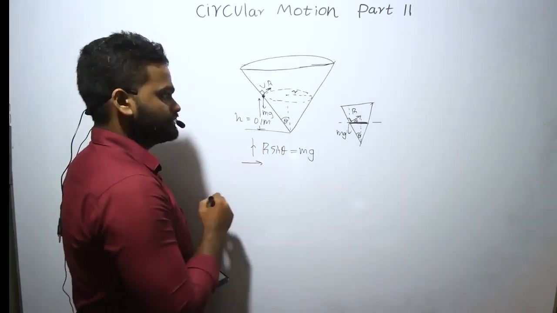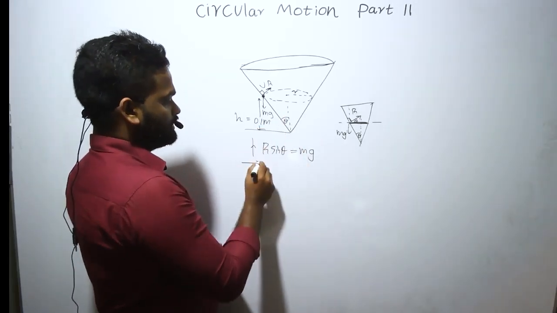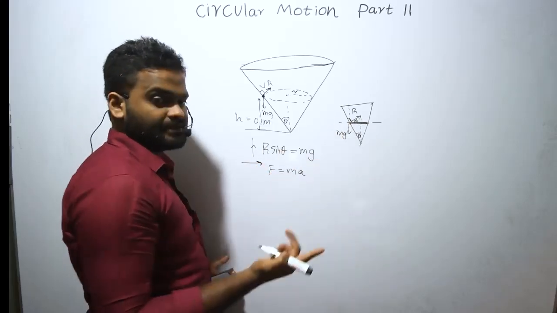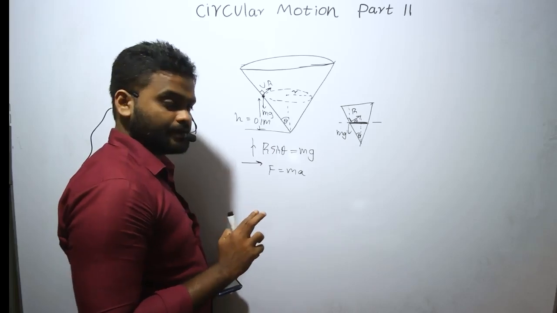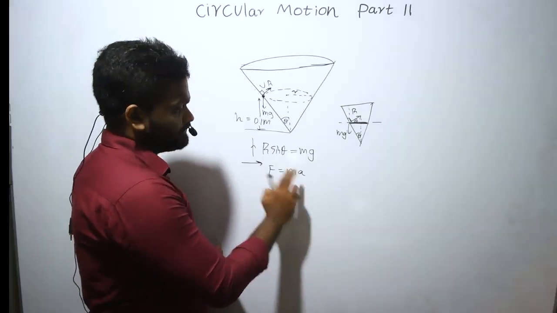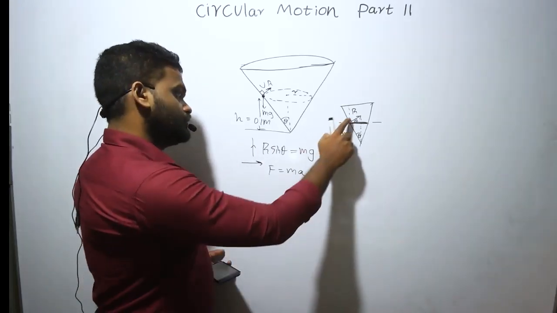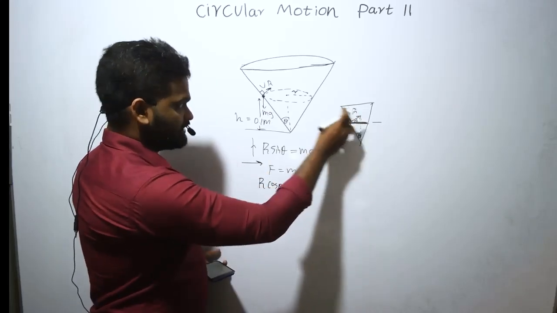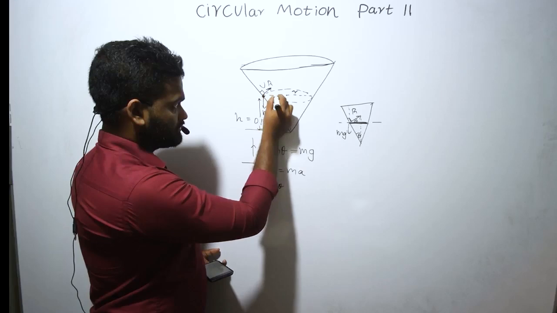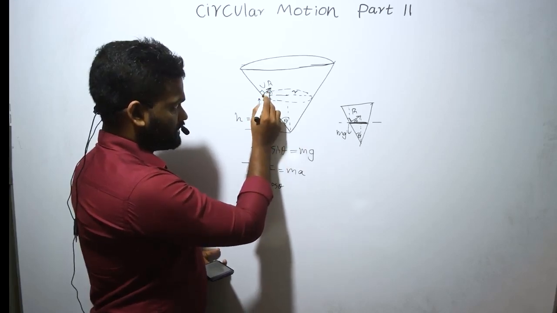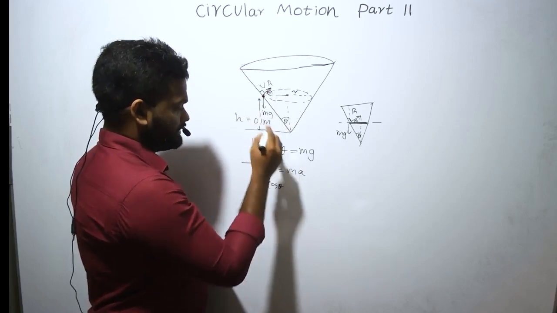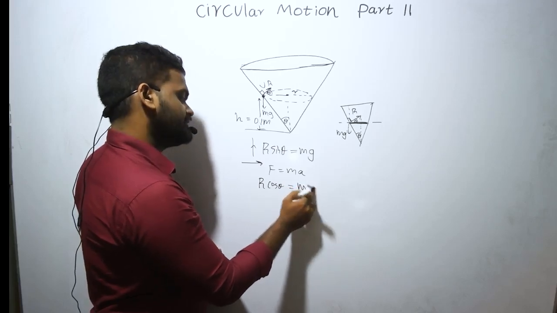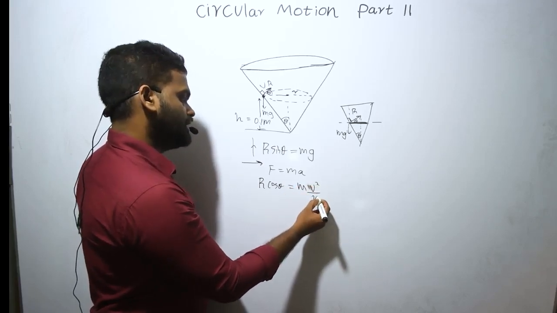Then horizontal. What do you have? Towards the center, there's an acceleration, so it is not balanced, right? So I'm applying F equals ma. Towards the center, you get R cos theta, here you have theta, right? R cos theta equals mass times acceleration, and I'll write the acceleration as v squared divided by r.